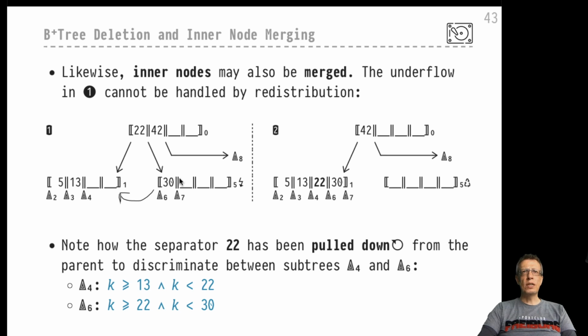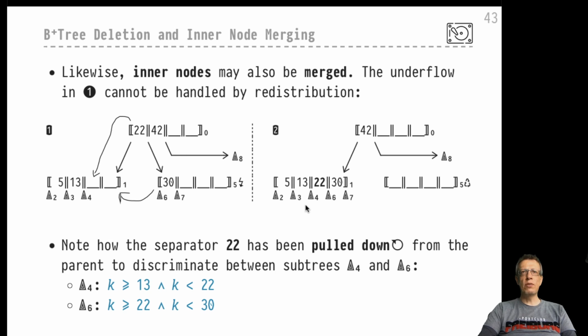This means that the separator between the nodes 1 and 5 is not needed anymore, and it can be deleted from the node above. But as you can see, it has been pulled down and placed here to discern between the subtrees 4 and 6.